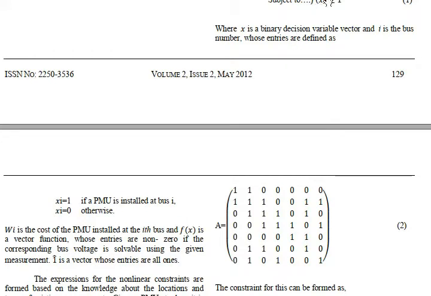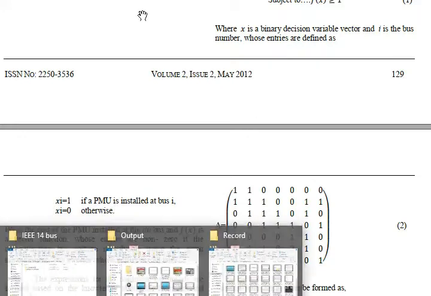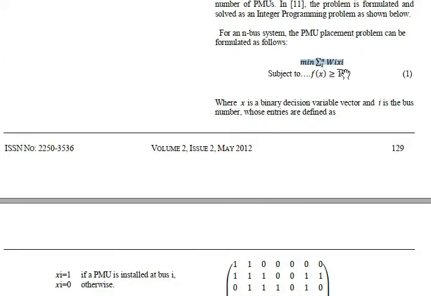So first of all, let's define Xi. What is Xi here? Xi is 1 if the PMU is installed at a specific bus i. Xi is 0 otherwise. And W is simply the cost of that specific PMU, the weightage. So if 3 PMUs are installed, the summation of this function will be 3 if we take Wi as unity.